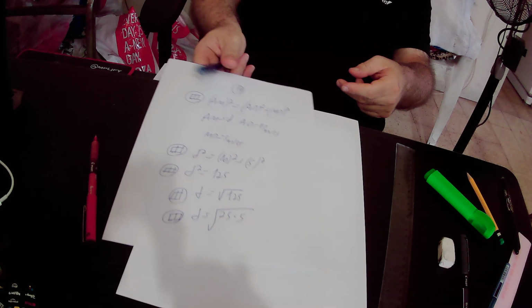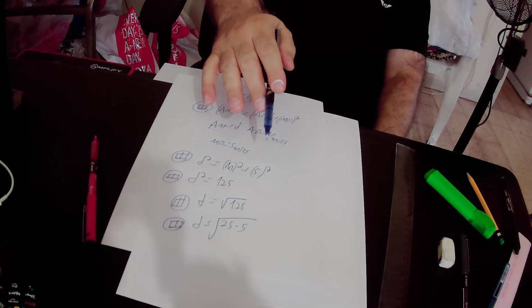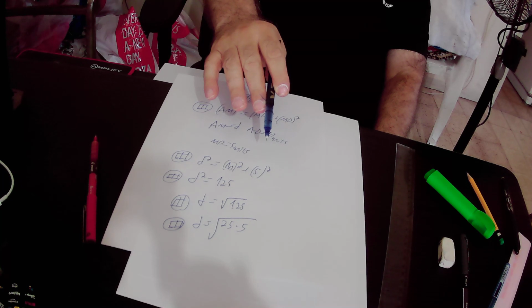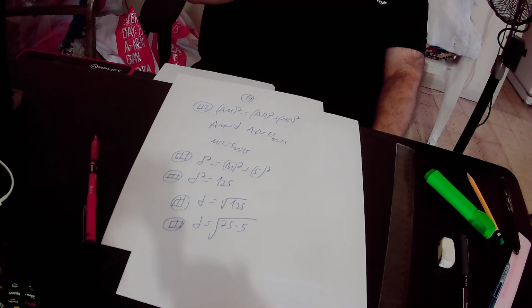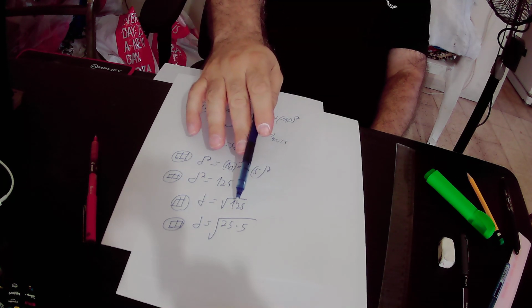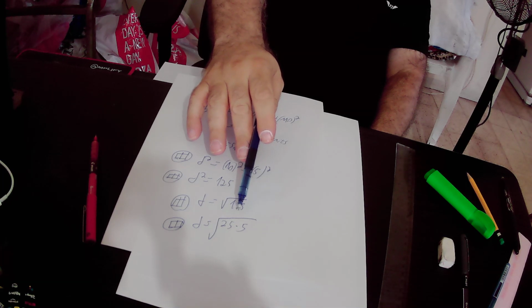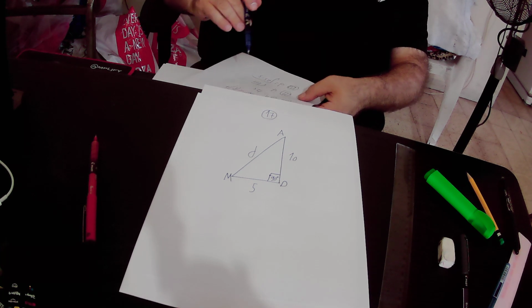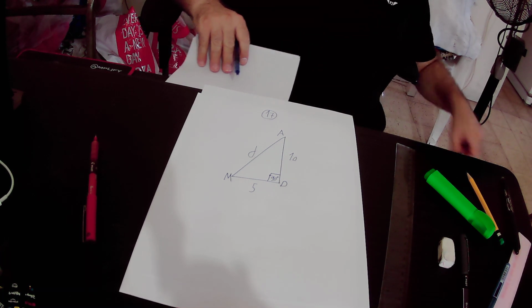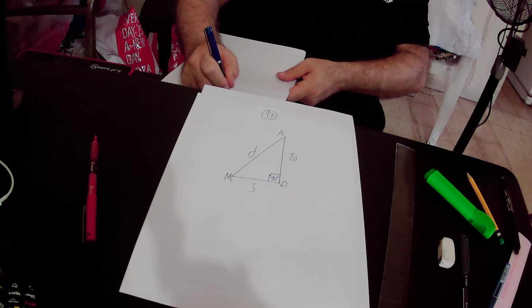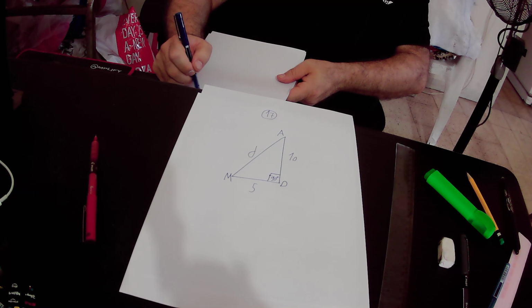Instead of 125, I want 25 times 5, because 125 equals 25 times 5, and we can split the root here into two roots according to the rule that the root of AB equals root A times root B.